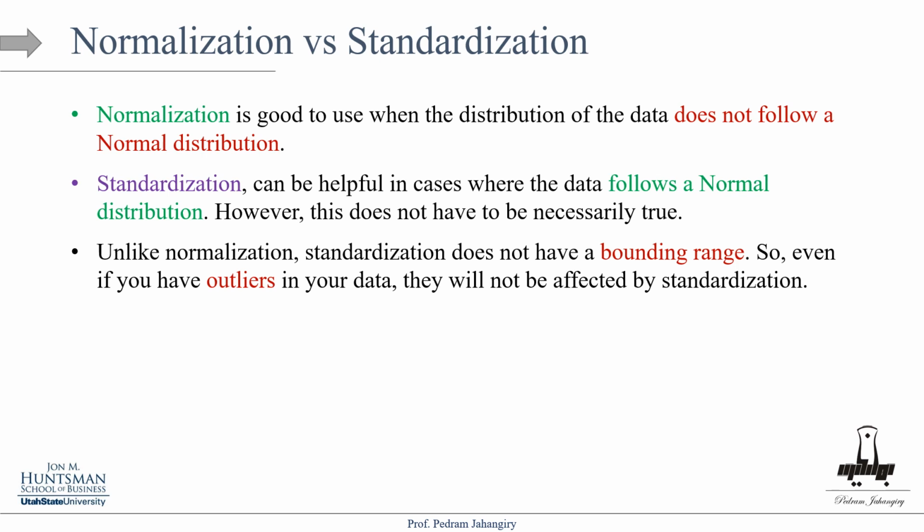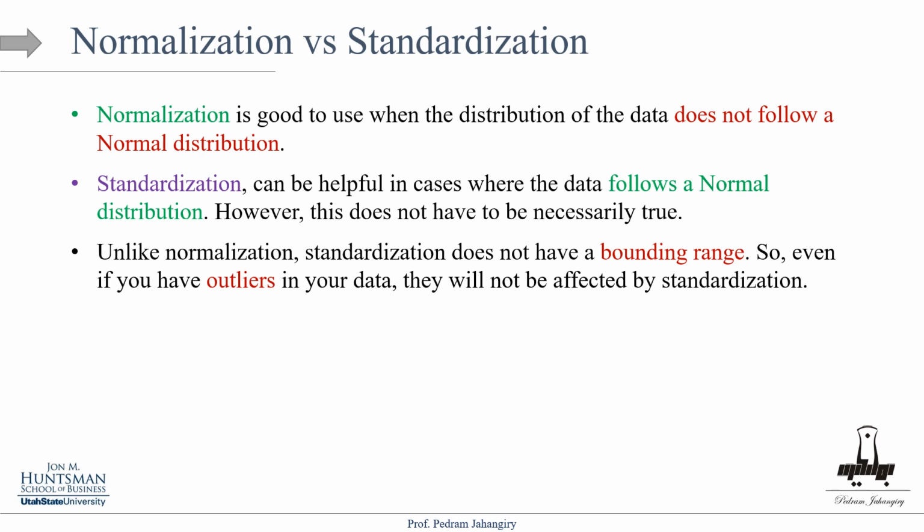Because remember, in normalization, the min-max scalar, the denominator of the formula is affected by the range. And if you have a bunch of outliers from both ends, then the range is going to be hugely impacted by those outliers. Yes, the standard deviation is also impacted by outliers, but the effect is going to be more severe in normalization versus standardization.